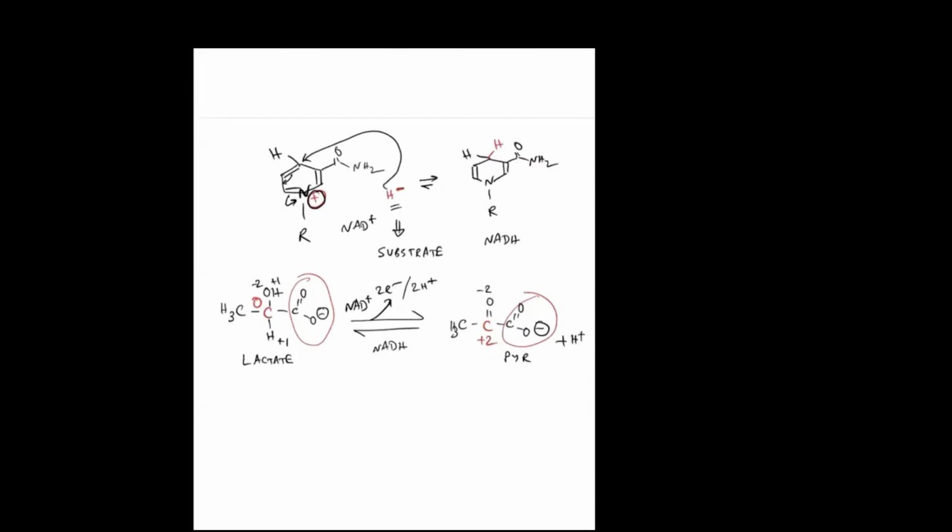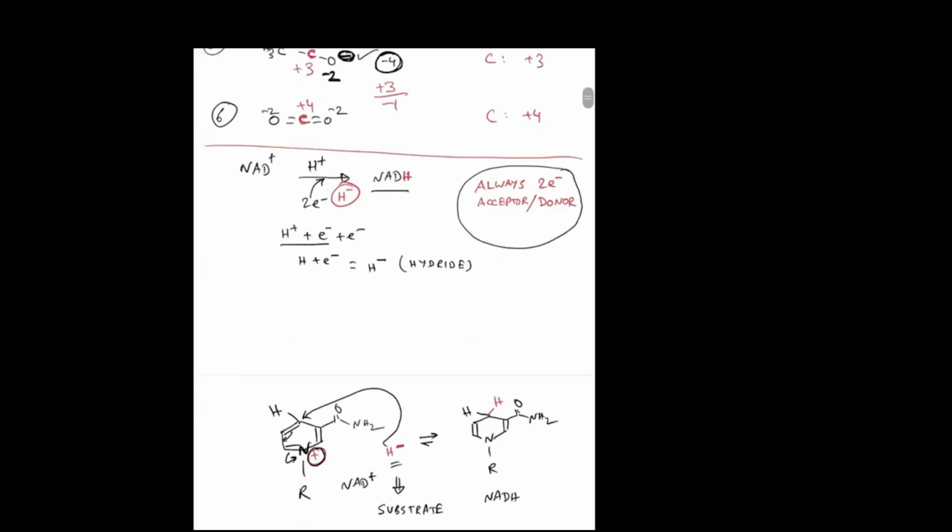So again, when we think about 2 electrons and 2 protons, think about breaking it up. So we have 2 electrons plus 1 proton plus 1 proton. So 2 electrons plus 1 proton is the same as we just did above, right? We already did that here. 2 electrons plus 1 proton is equivalent to what?